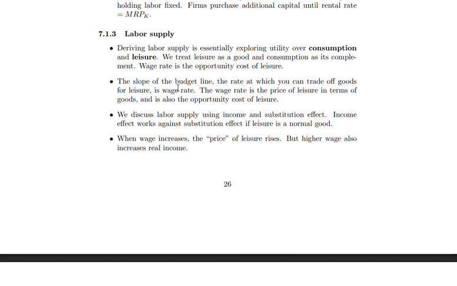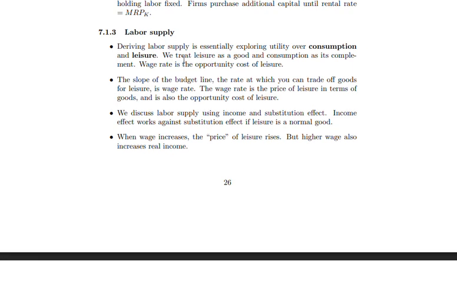Labor supply: deriving labor supply is essentially exploring utility over consumption and leisure. We treat leisure as a normal good and consumption as its complement. The wage rate is the opportunity cost of leisure.